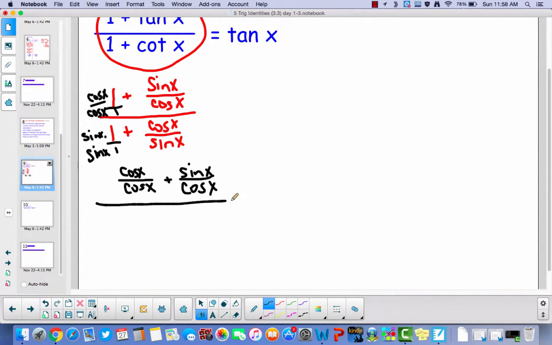That's in my numerator. Now my denominator, 1 over 1 times sine x over sine x, ends up being sine of x over sine of x plus cosine of x over sine of x. Well, now that I have the same denominator, I can combine those.